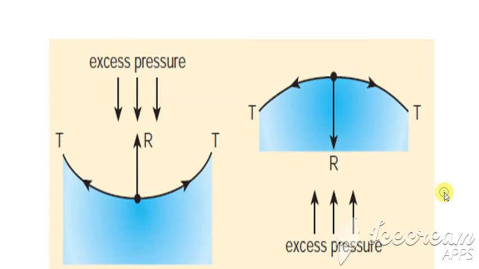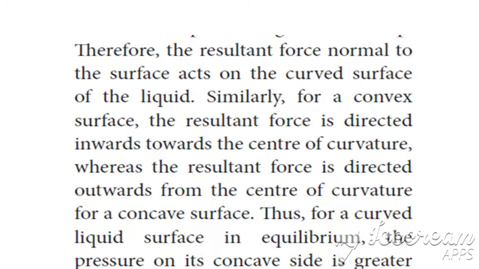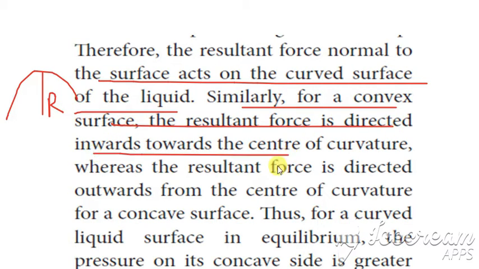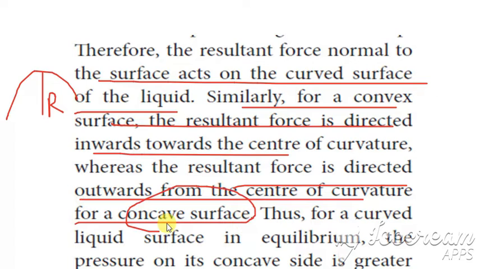Clear? So the resultant force normal to the surface acts on the curved surface. Same way for the convex surface also, the resultant force is inward, and the resultant force is outward from the center of curvature for the concave.